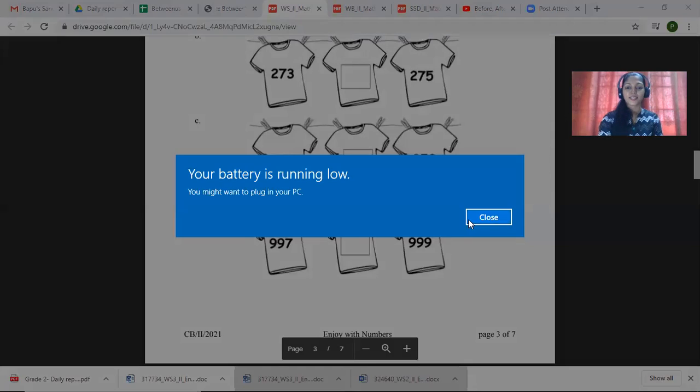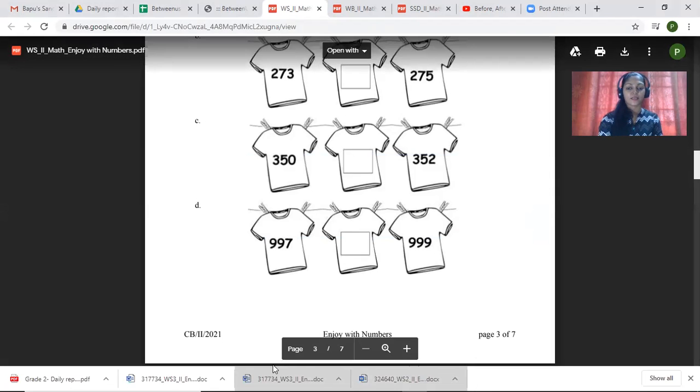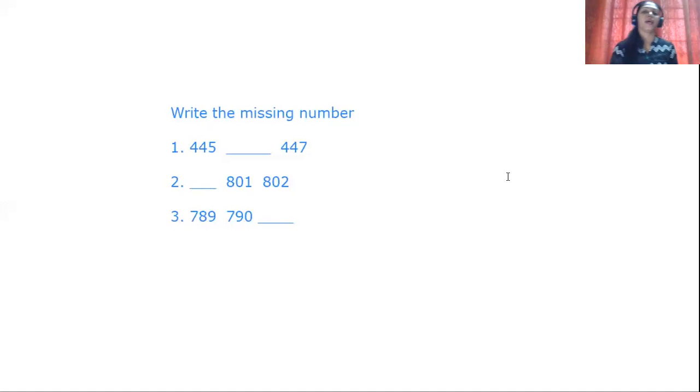So here I have 3 sums for you. What you have to do is note it down in your rough book. Write the missing number.